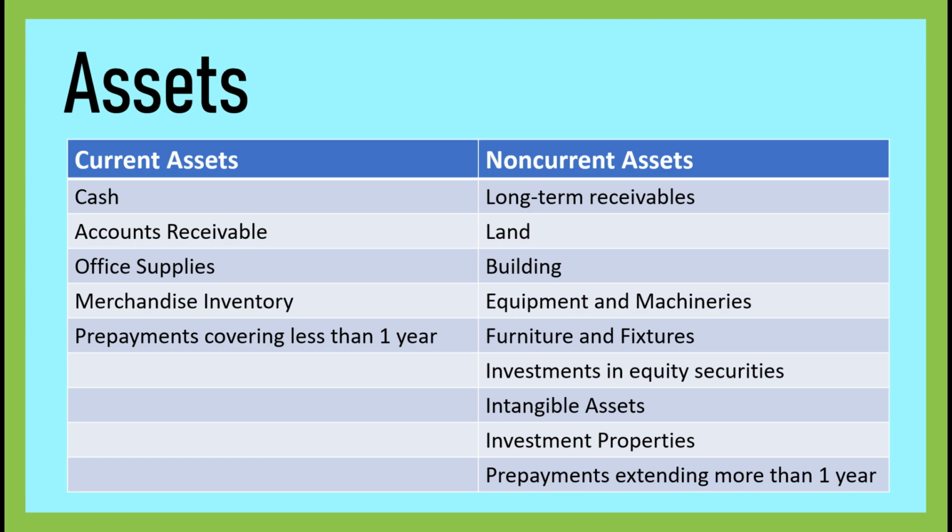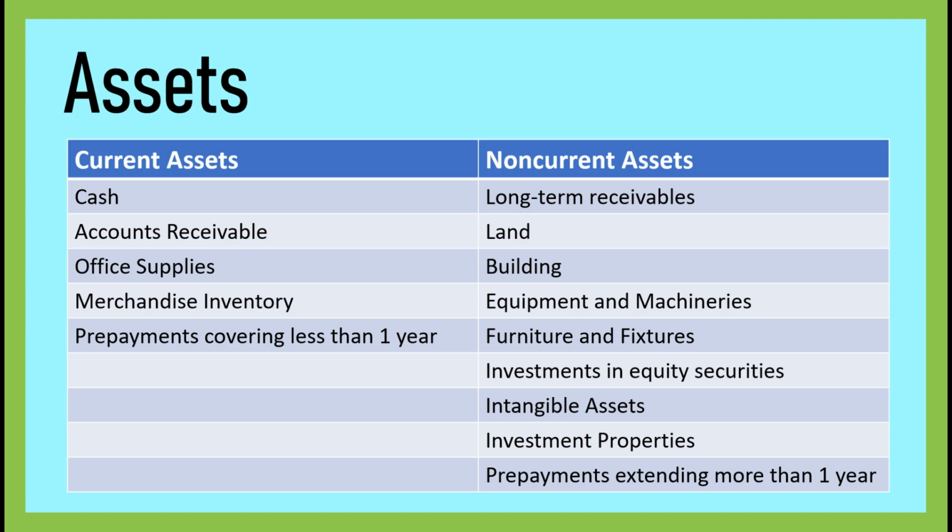When we say accounts receivable, let's say for example, you already rendered services to your customers, or you already sold goods to them, but the payment was not yet received by the company. So you are expecting to receive something from your customers, you will record them as accounts receivable. Basically, when your customers are not yet paying you for the goods that you sold them or for the services that you rendered them, then that is an account receivable.